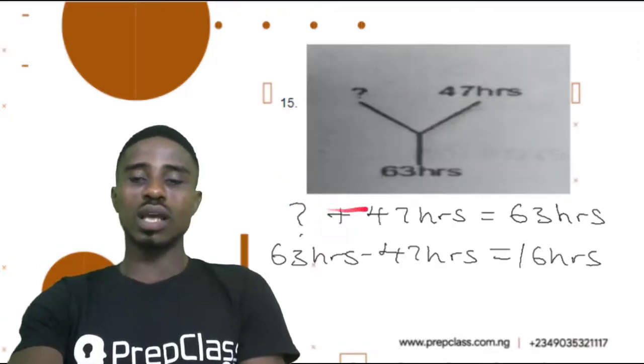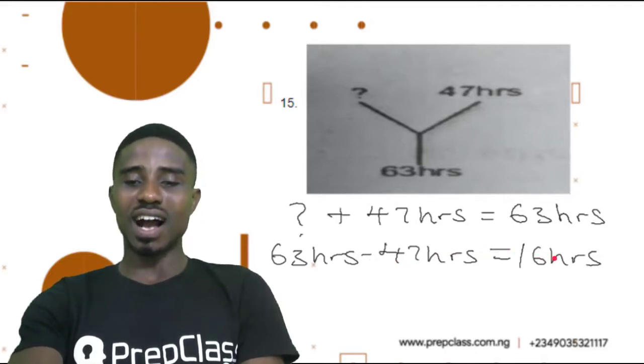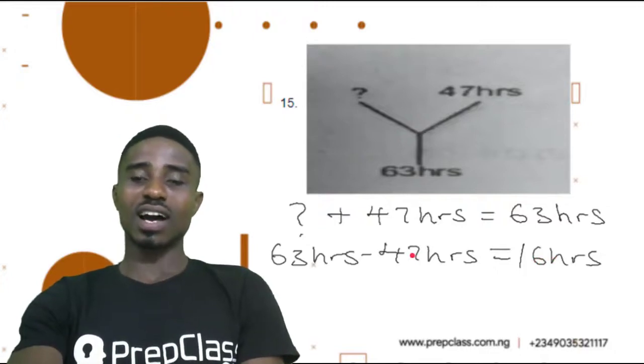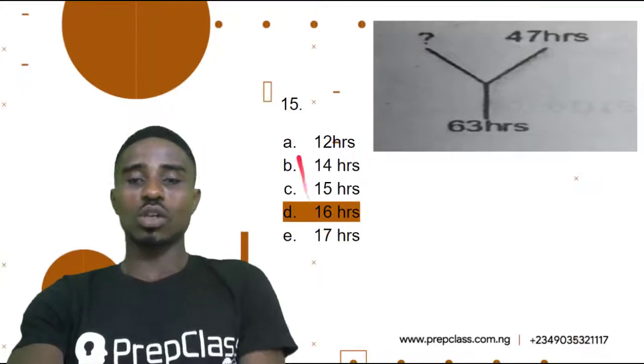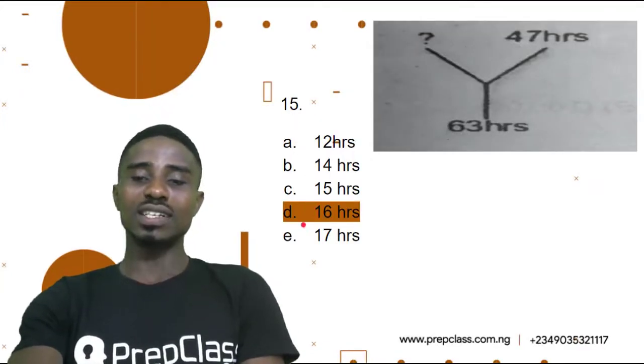So this plus 47 hours should give us 63 hours. But since we don't have this, we're going to say 63 hours minus 47 hours will give us 16 hours. That's how to get it done. Let's check out the correct answer. Question 15, option D, 16 hours is the correct answer.